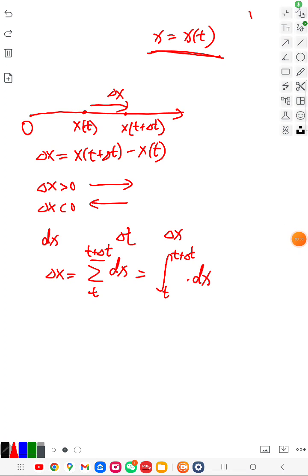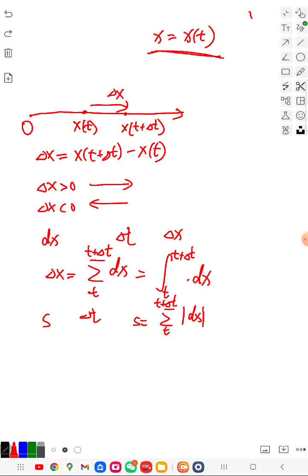We have another kinematic quantity which is named the distance. We can represent it with s. Distance means the total length the object moved in delta t time. So s is equal to the sum over t to t plus delta t of the absolute value of dx. Because if it moves back and forth to the origin point, we can easily see that its displacement is zero because it has no net movement.